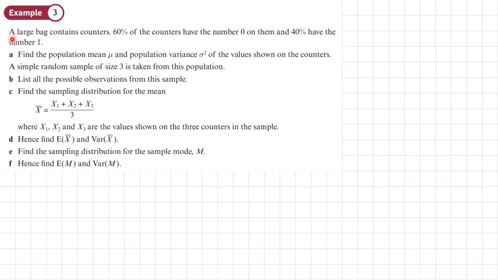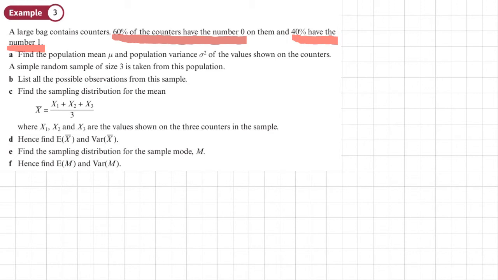Example 3. A large bag contains counters. 60% of the counters have the number 0 and 40% have the number 1. And what we need to do in part A is find a population mean and a population variance of the values shown on the counters.